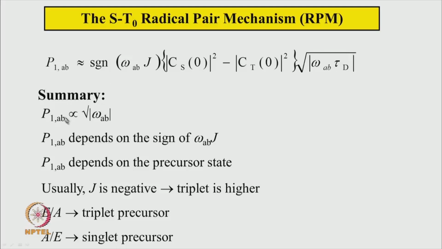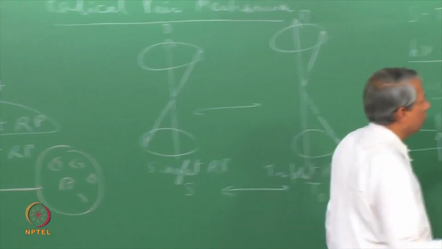So, the summary is that polarization depends on the square root of the precessional frequency difference. It all depends on the sign of the product of this and this, and on the precursor, whether it is a singlet state or a triplet state. Usually the singlet state reacts because this is the usual bond formation.